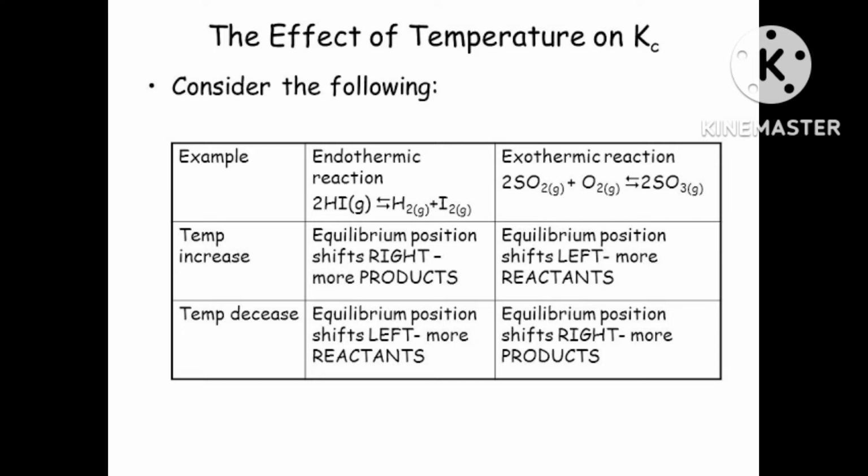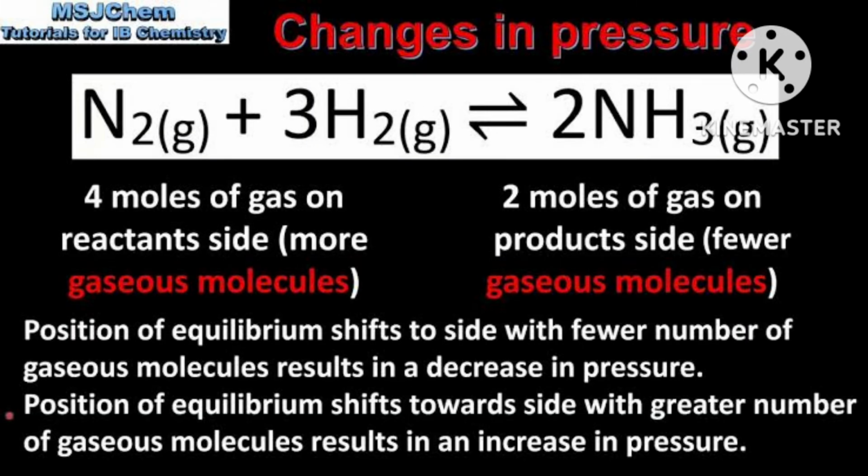It will form a complex ion having 2 negative charge. The removal of free SCN thiocyanate shifts the equilibrium from right to left, from product to reactant side, to replenish thiocyanate ions, because thiocyanate is decreasing, hence it will go back towards reactant.